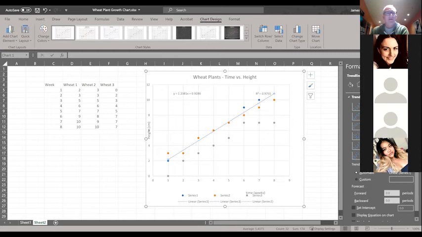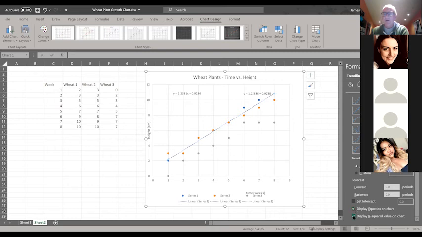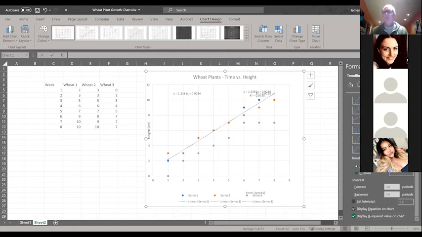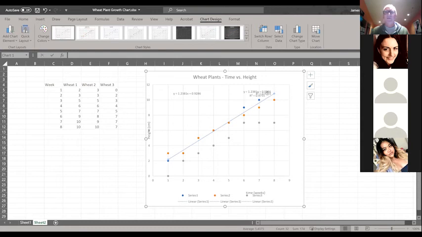All right, so here's our trend line for number 2, and we just do the same thing. I want to display the equation and display the r squared. Wait a minute, I want series number 2. All right, let's try that again.